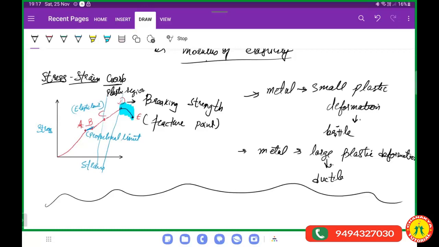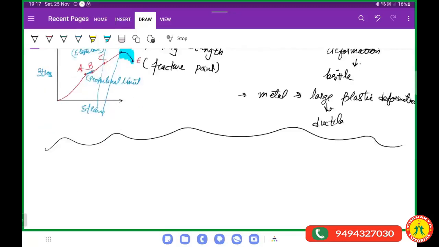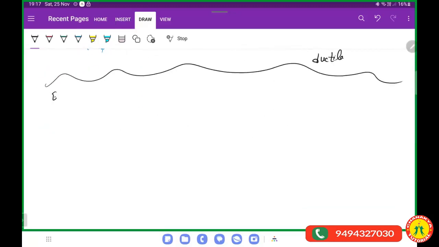Do you know what is meant by fatigue? Fatigue. Have you heard this term? Fatigue.